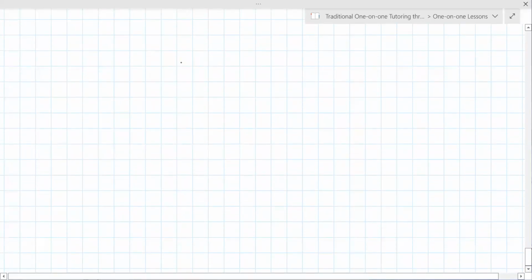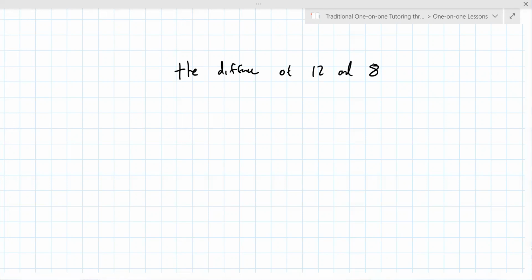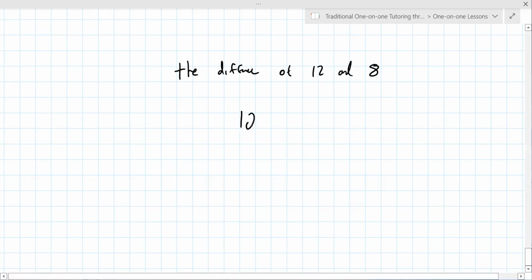Okay, so let's see the difference of 12 and 8. I'm sorry, 12 and 8, not 18. What is the difference of 12 and 8? How would you write that as a math operation? 12 minus 8.